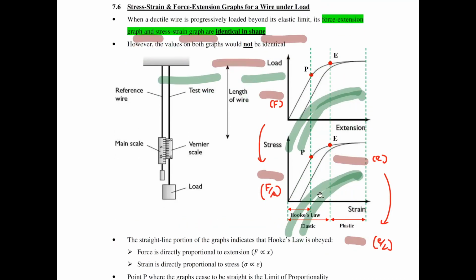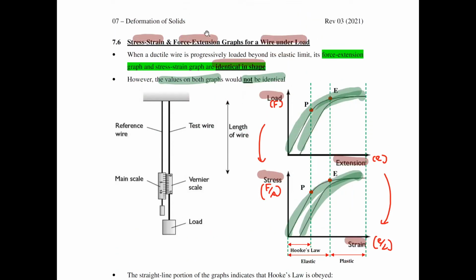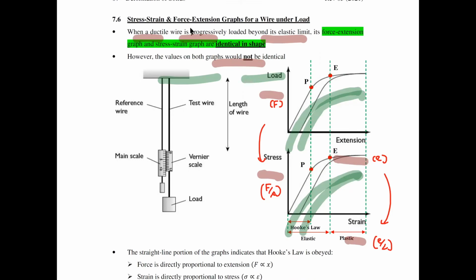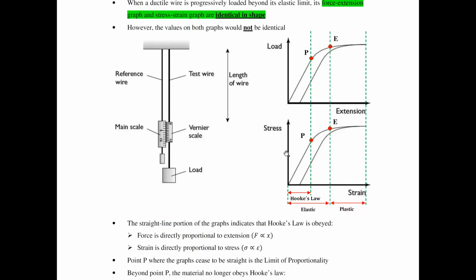Now from here, you can also deduce a few things. It is a bit similar to what I mentioned in the second page of your notes. The straight line portions of the graph will indicate that Hooke's law is obeyed.